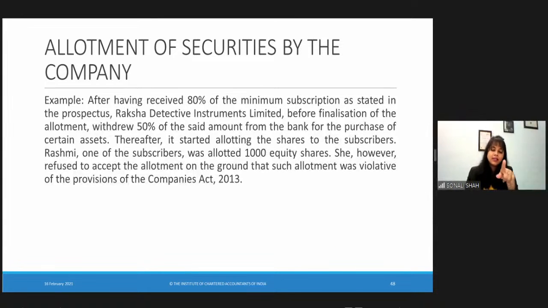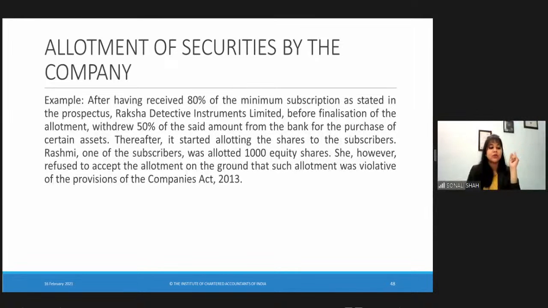So here they are saying that the company has received 80% of the minimum subscription. Since the minimum subscription as stated in the prospectus has not been achieved, it prohibits the company from allotting the shares.